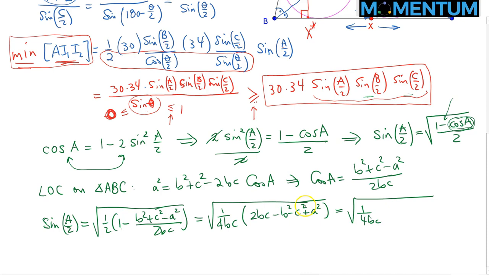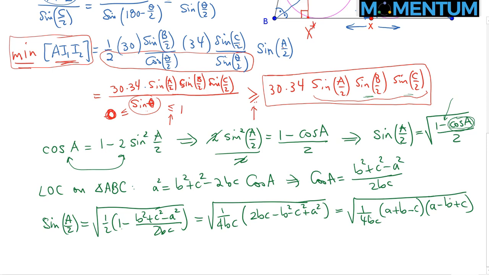In order to get A squared, I think I should have A plus B plus C, and then A minus B. Oh, no, this one is a minus, sorry. Okay, yes, that's a minus, this one is a minus, this one is a plus.